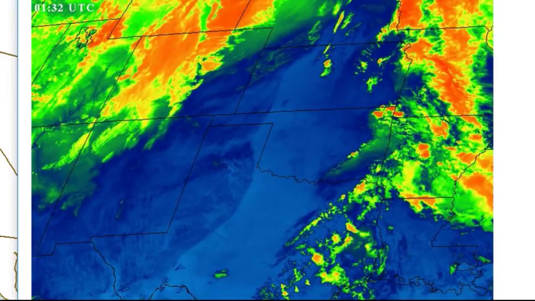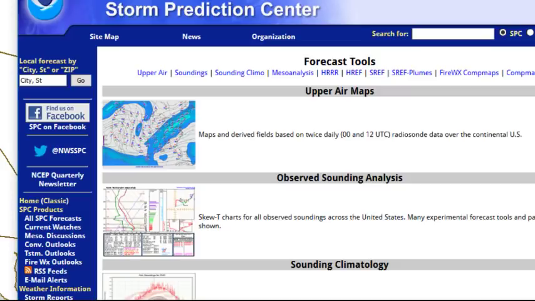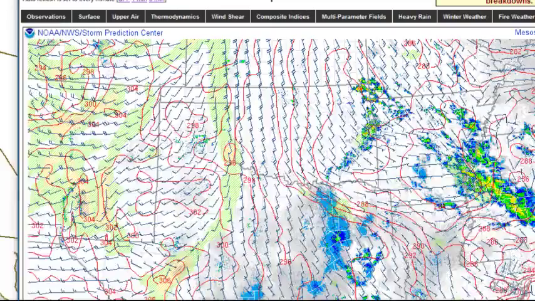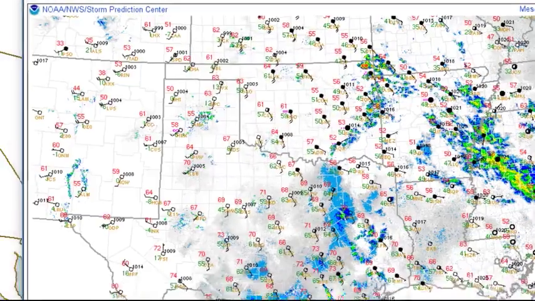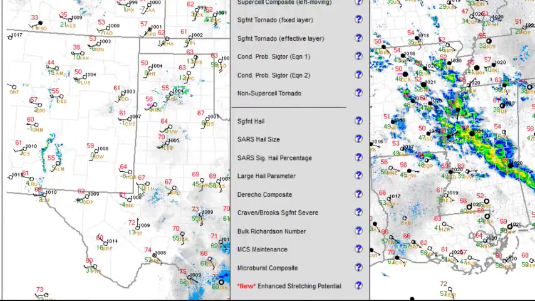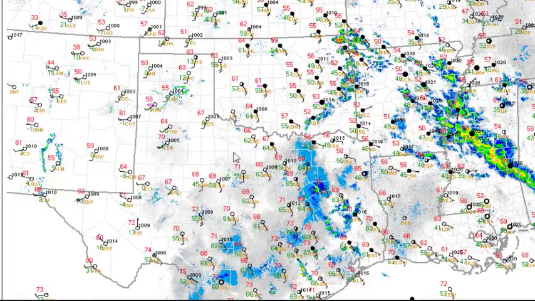Let me take a quick look at the surface chart. I was going to see if we could explain that little feature just based on the data we have right now. So I'm looking at temperature here, and temperature does look a little bit warmer out in this area.